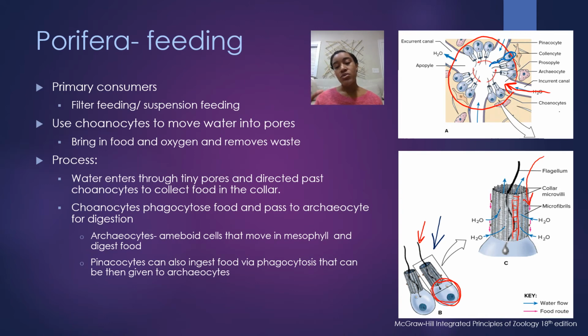Larger food particles can't pass through that sieve, but they'll just run down the side to the basal body part, and from there they will be phagocytosed. So both very, very small particles and slightly larger particles can be phagocytosed by choanocytes. Very, very large particles will never even make it to the choanocytes because the pores on the sponge are very small.